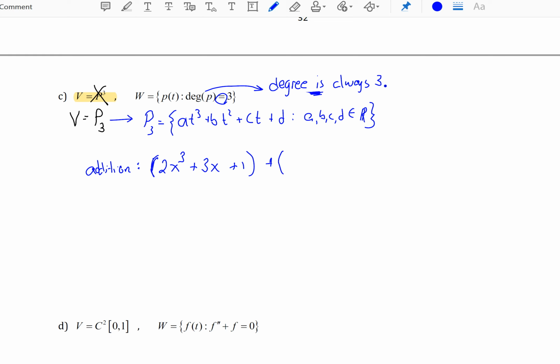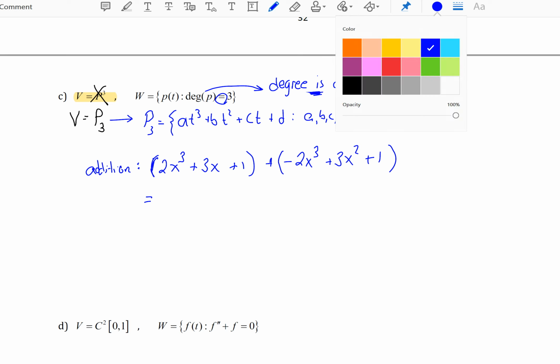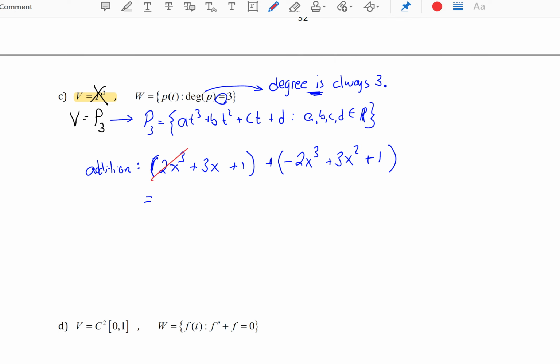And let's add this to another polynomial. What if we added it to negative 2x cubed plus 3x squared plus x? If we were to add these two polynomials by combining like terms, I think we could say the 2x cubed would cancel with the negative 2x cubed. And what we would get back would be 3x squared plus 3x plus 2.